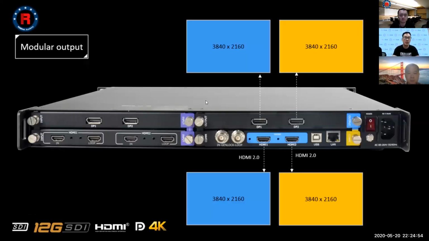And now let's check the output. The output also uses a module design, with one optional DP output module, and the DP output module has two DP 1.2 interfaces. The optional DP 1.2 output is for backup functions.